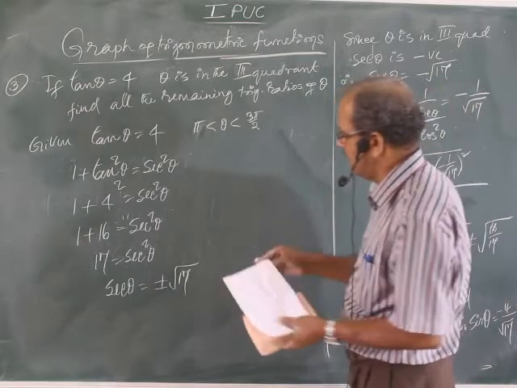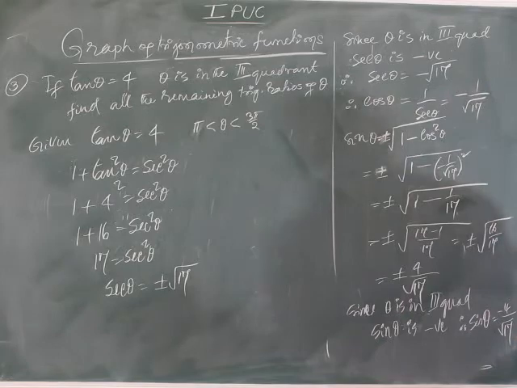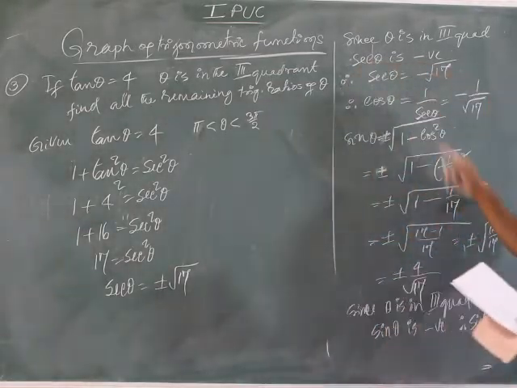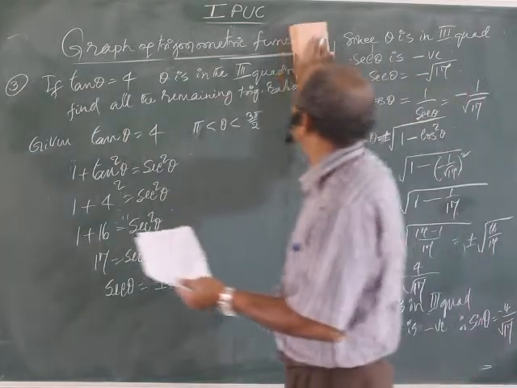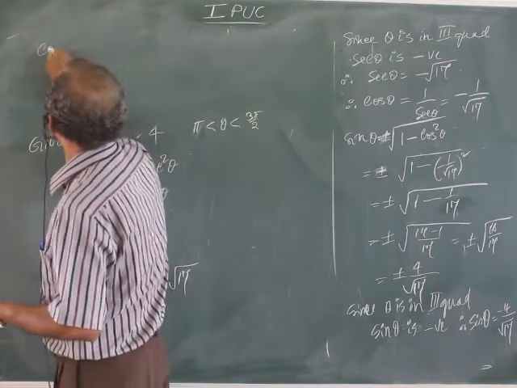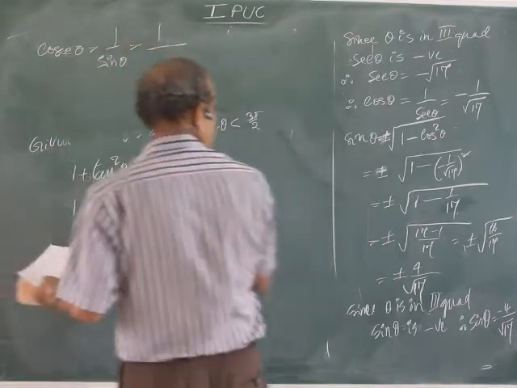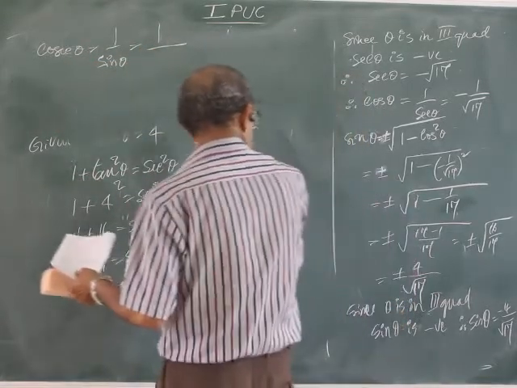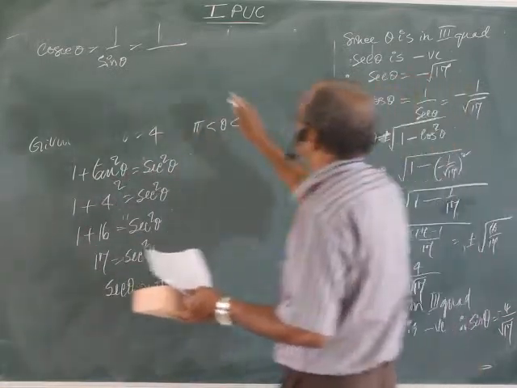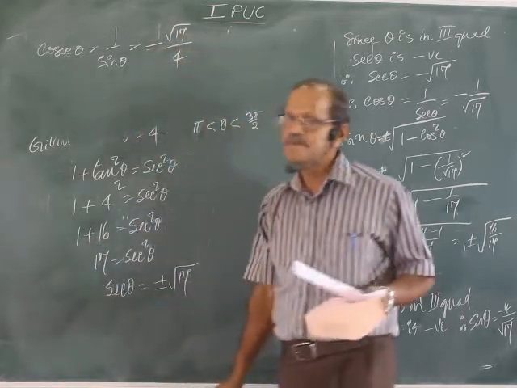Now, how much is over? Secant, tan, sin, cos, cosecant, yes. Cosecant theta is the reciprocal of sin. Cosecant theta is 1 by sin theta, 1 by minus 4 by root 17, minus root 17 by 4.